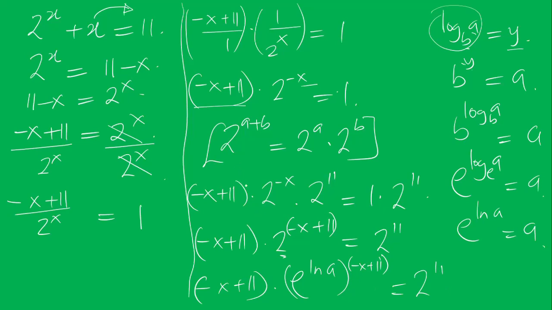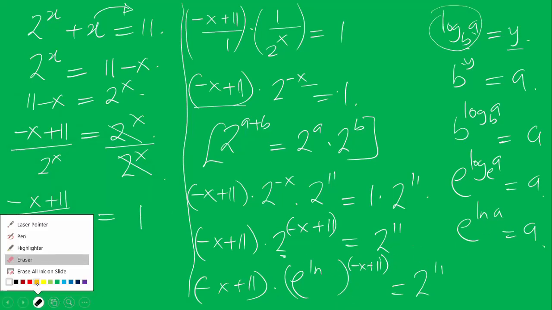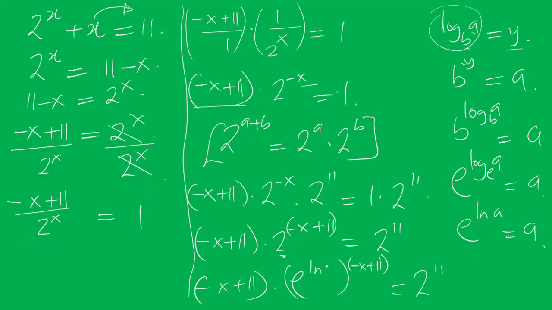Sorry, this is supposed to be 2, because I want to rewrite this 2 as e to the power natural log 2, which will give you 2 from this expression here.